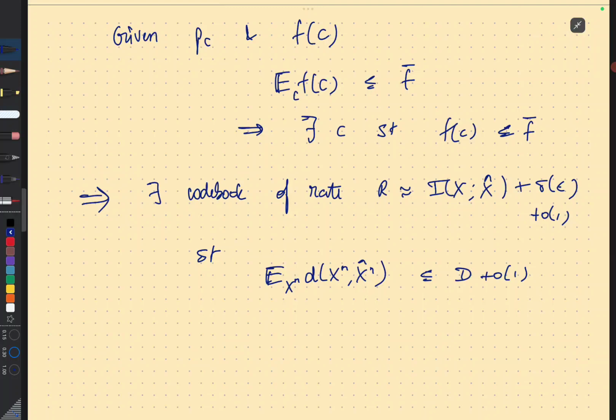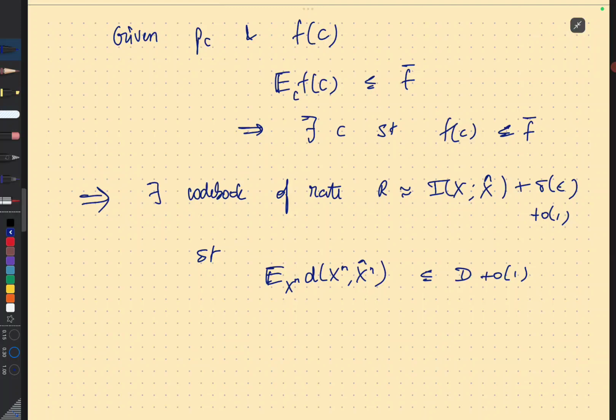In the context of fixed length lossless compression, we chose the typical set as the codebook for compression. In this case, I don't even know how to describe all of the code words in this codebook. In fact, it turns out that choosing a good codebook for a particular n is not easy. It's a very, very hard problem. We don't know how to do that for a given n.